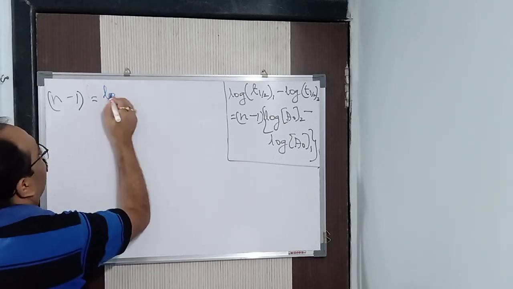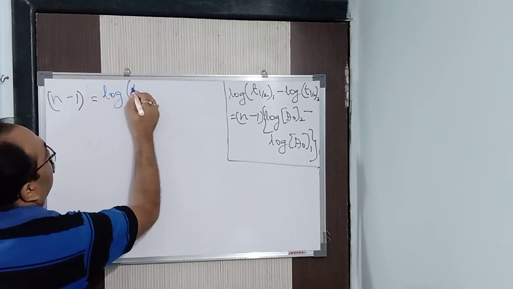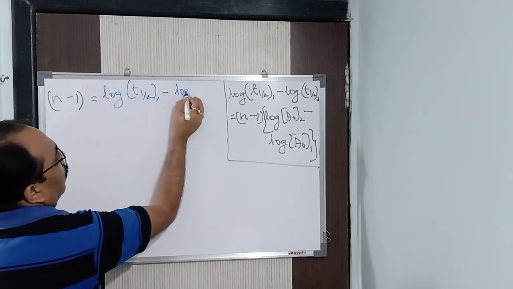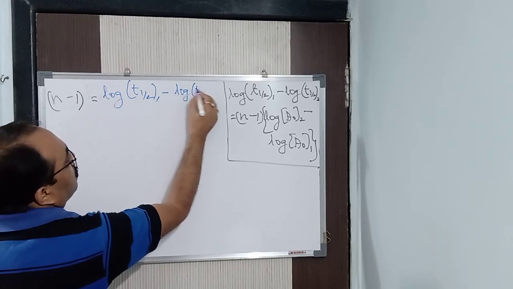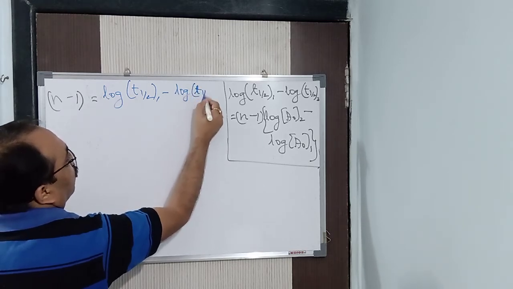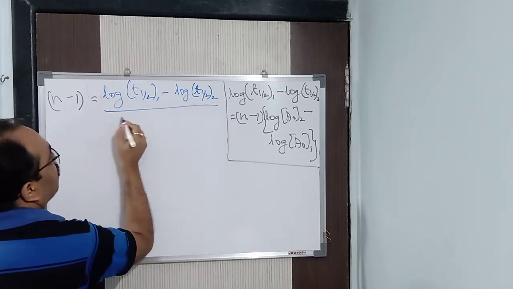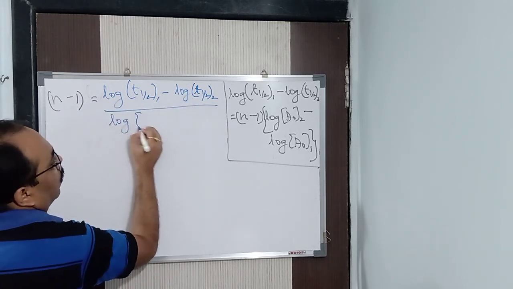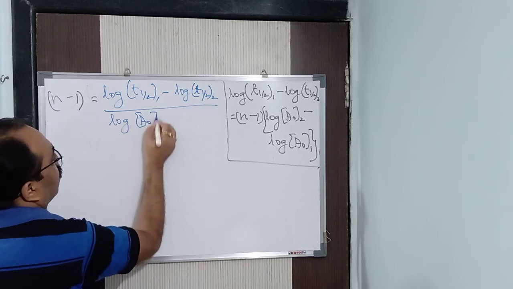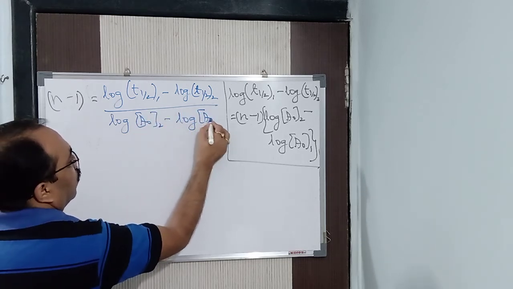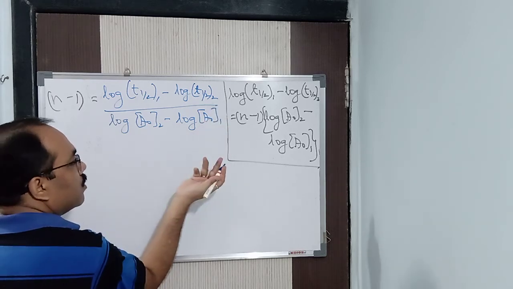Nothing but log t half 1 minus log t half 2, divided by log a naught 2 minus log a naught 1. That's it.